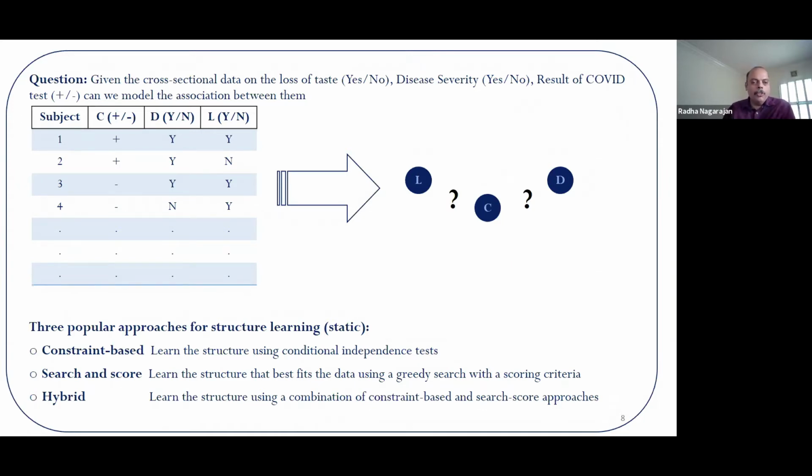Three popular approaches for structure learning are constraint-based, search and score, and hybrid, which uses a combination of the above two. Constraint-based approaches essentially learn the structure using conditional independence tests. Search and score learn the structure that best fits the data using search in conjunction with the chosen scoring criteria.